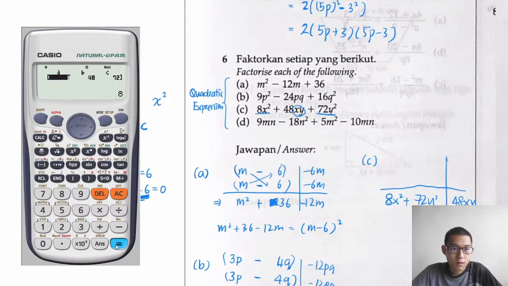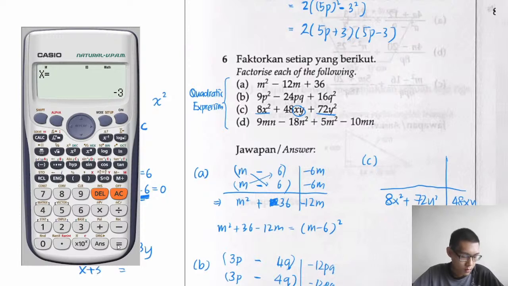Actually it's negative 3. Okay, so the answer is, let's say x becomes p. x becomes x, still x. And y, we have negative 3y. x equal to negative 3y. So x plus 3y equal to 0.